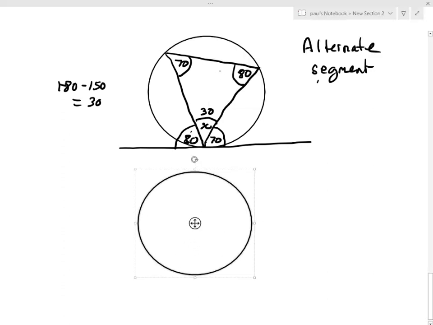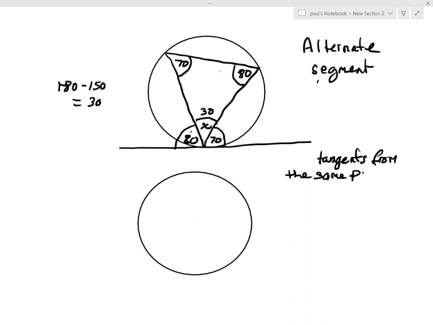And the last one is to do with tangents. Tangents from the same point are equal in length.